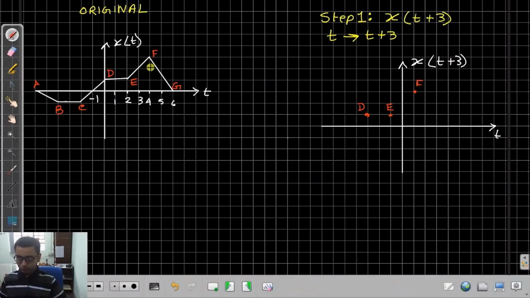Point F was originally at t equal to 4 and now it is at t equal to 1, because shifted towards the left by 3 units. Point G will be here. This is G. Similarly, point C, point B, and point A here. Let me join these points.